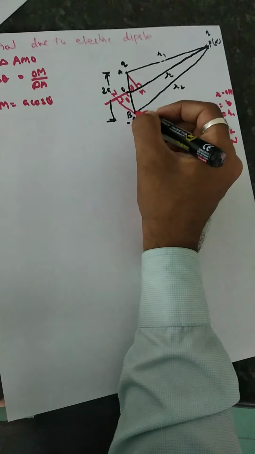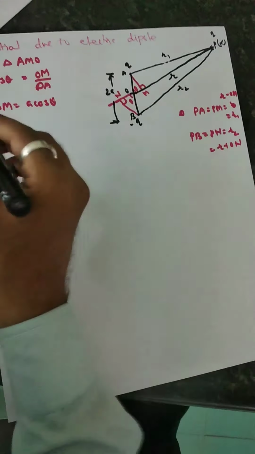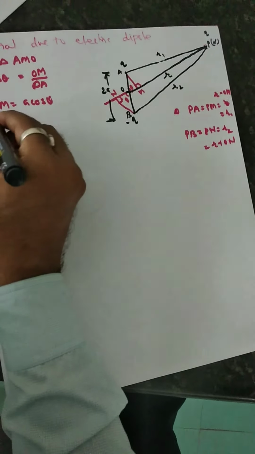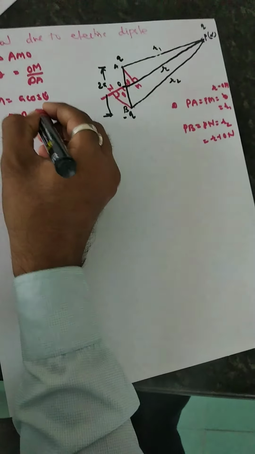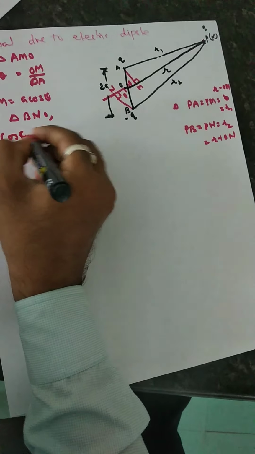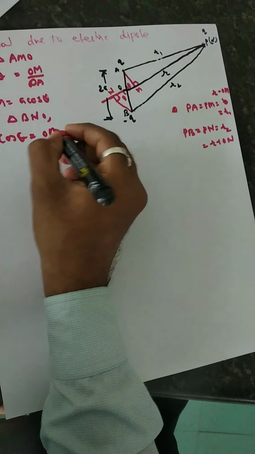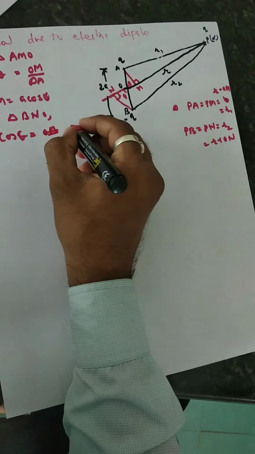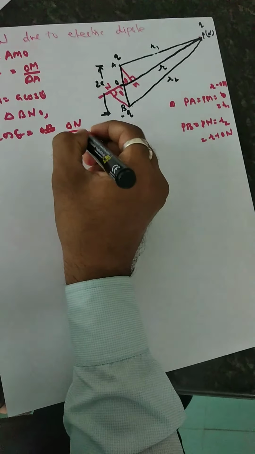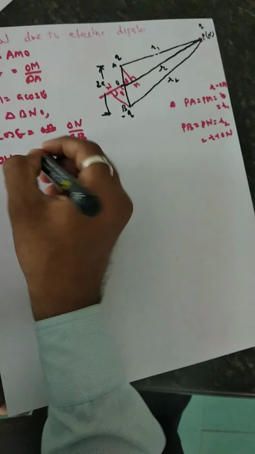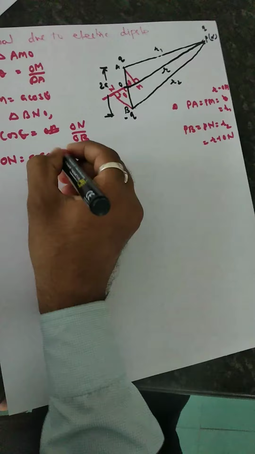In the same way, for triangle BNO, cos theta is equal to ON upon OB, so I get ON is equal to a cos theta.